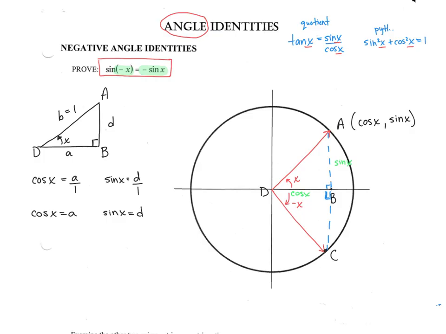So to get to point C, I'm hoping we notice that we still have to go across cos x, and we have to go down sine x, because if those triangles are congruent and they're the same size, then I know I have to go down sine x, which would give me a negative sine x. So again, I'm just going to clean this up for a second.